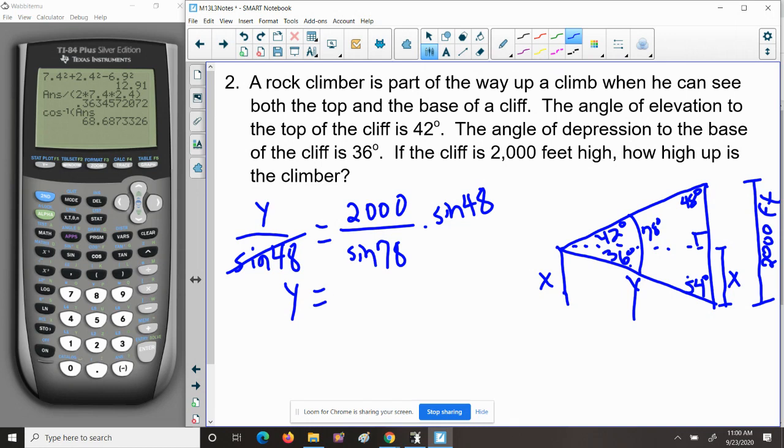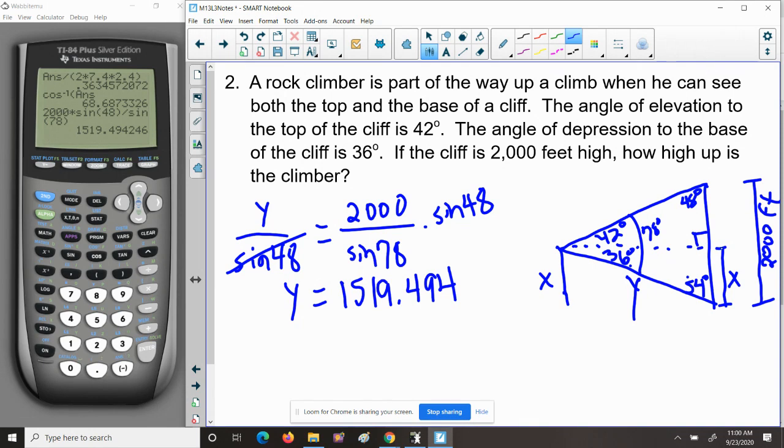So 2,000 times sine of 48, close parentheses, divided by sine of 78. And that gives us 1519.494. Okay, so we found Y.